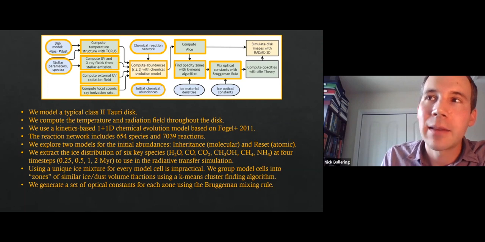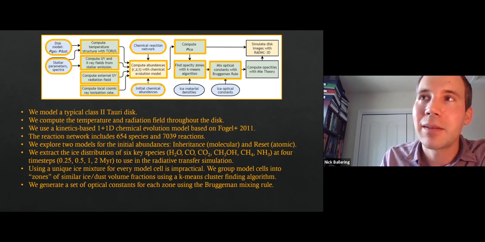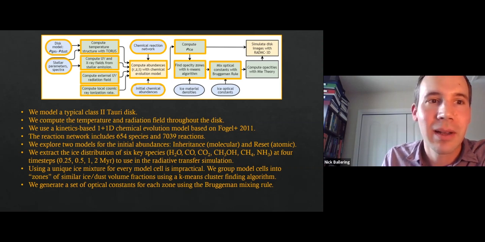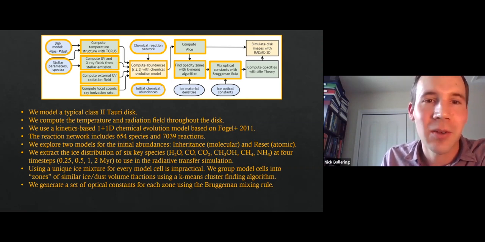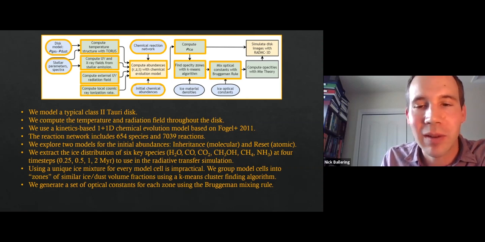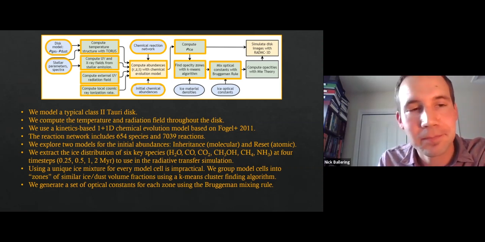I think there hasn't been any disk or protostar that I know of that has ices seen that does not have any water. In fact, almost all of those ratios that I showed at the beginning were all these other species with respect to water, right? So water is almost like the background in terms of how it's measured.